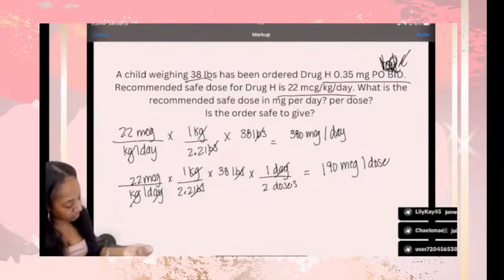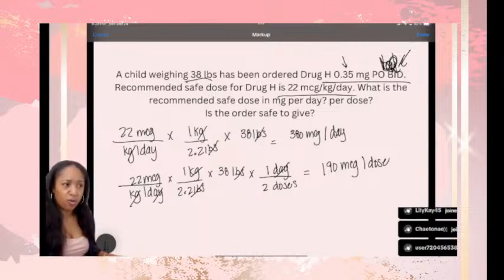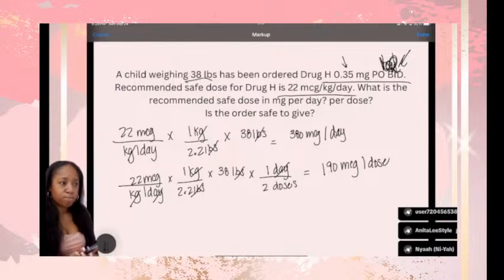All right. So now let's look at our order. That is 0.35 milligrams per dose. Is this order safe to give?